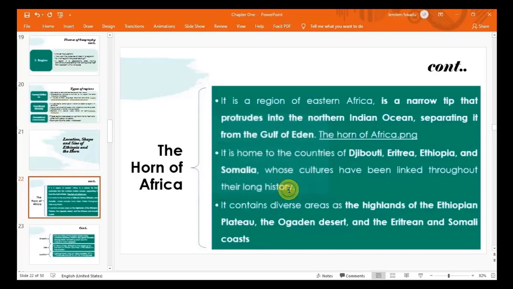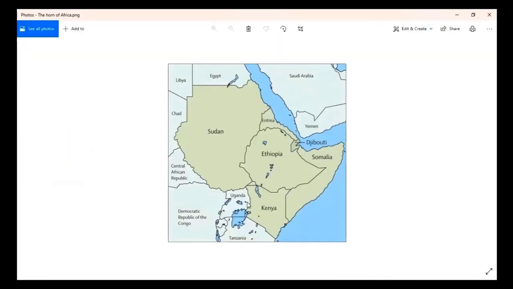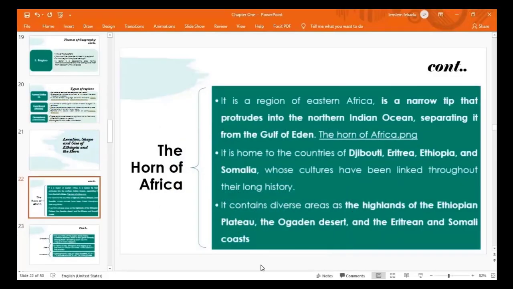So we can see the map of the Horn of Africa. This is the Horn of Africa, which is the home for Sudan, Eritrea, Ethiopia, Kenya, Somalia, and Djibouti. This region of Africa is called the Horn of Africa, or a region of Eastern Africa.